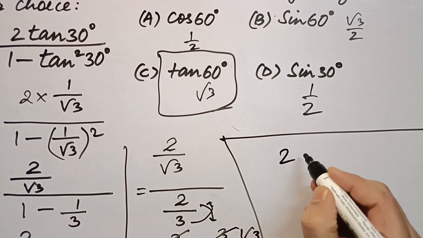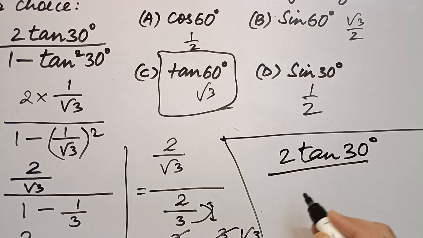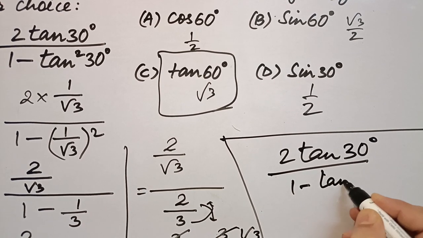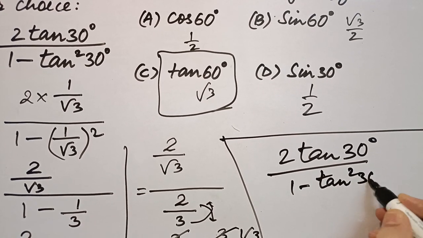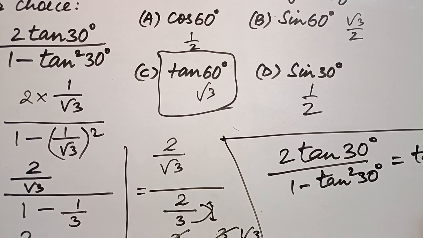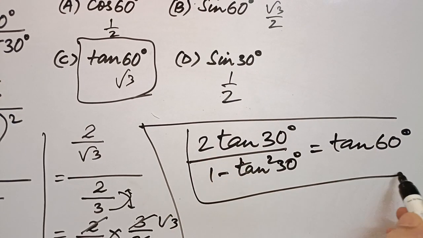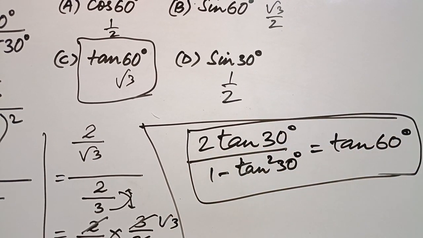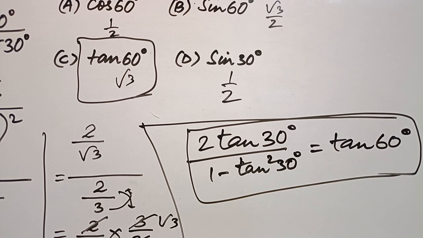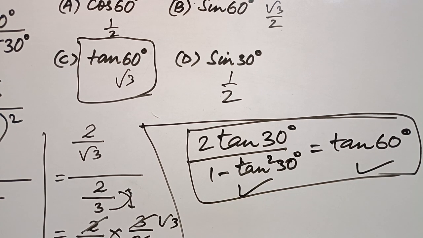It means the question says 2 tan 30 degree divided by 1 minus tan square 30 degree is equal to tan 60 degree, like this. You just check the answer and you find it. That means these two relations are the same. The value of this and these are equal.